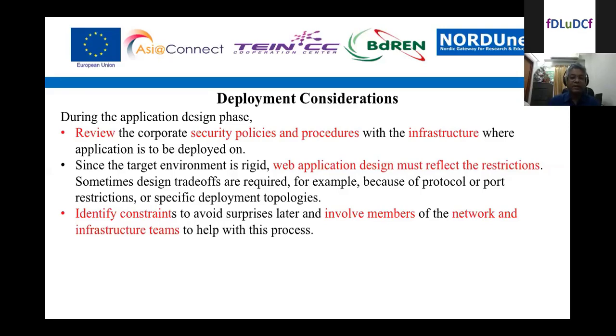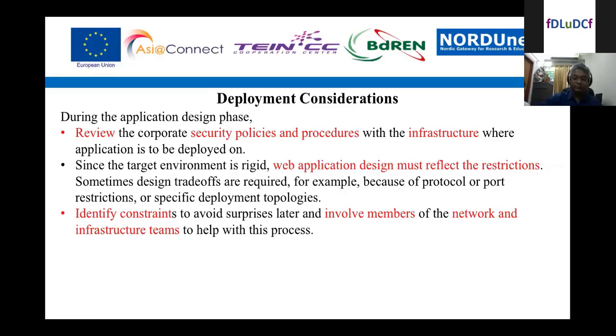Since the target environment is rigid, because they will never compromise their security policy for your system, application design must reflect their restrictions. Then identify the constraints to avoid surprises later, and involve members of the network and infrastructure teams to help with this process.